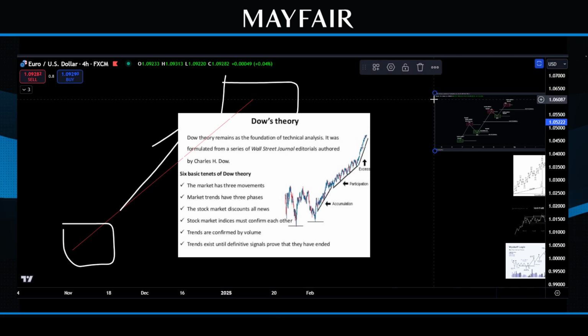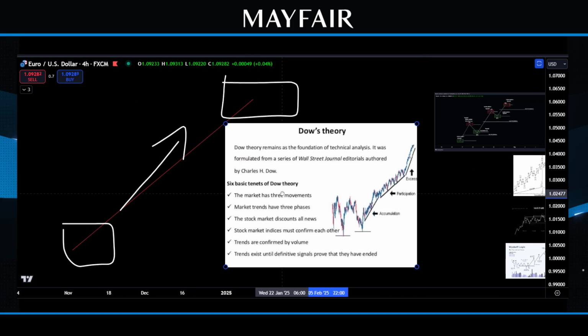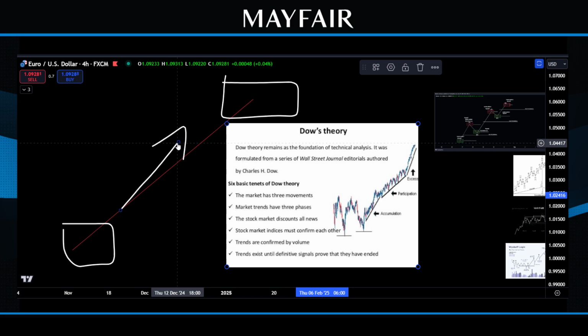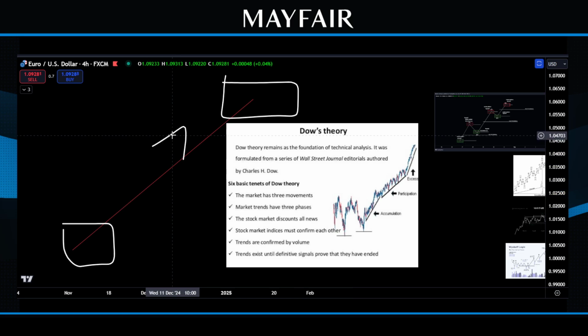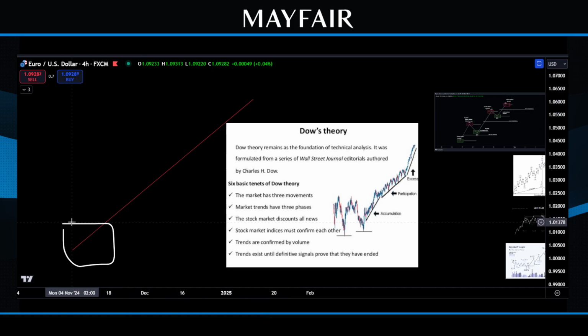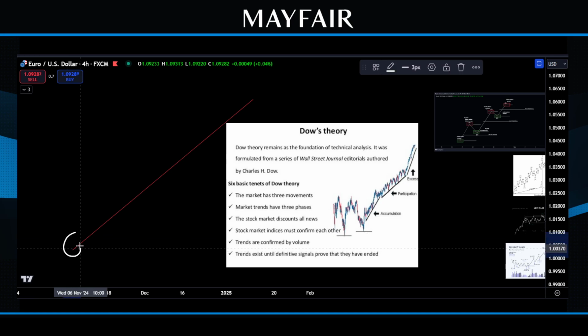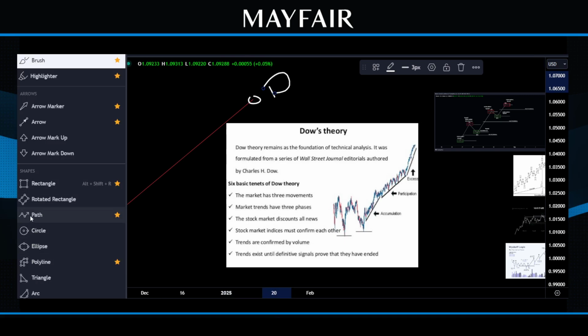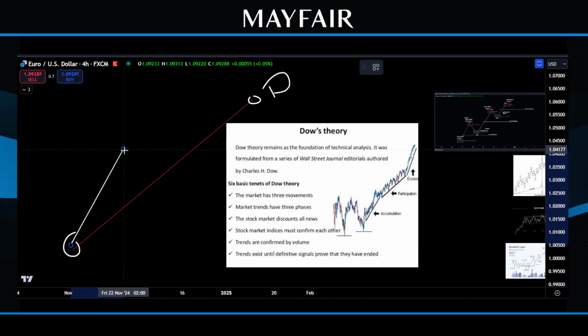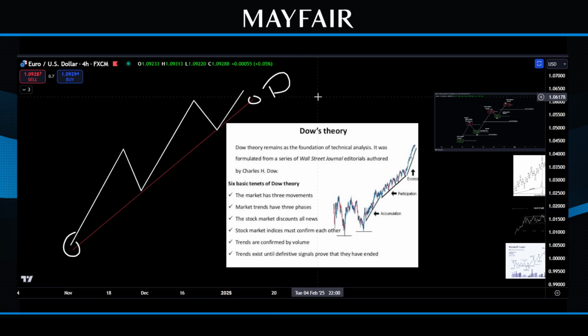So you have this, but inside of this, you also have three trend phases. As I just mentioned, if we were to talk about this particular red line from here to here being a daily, inside of that move we're very likely to have, say, a 4-hour type move that does something like this.